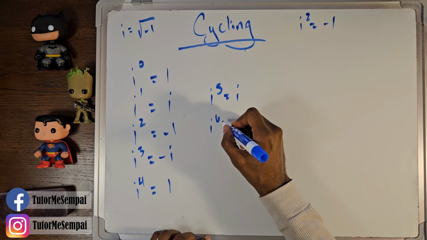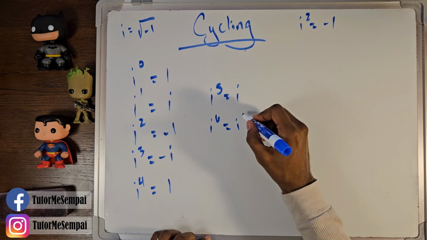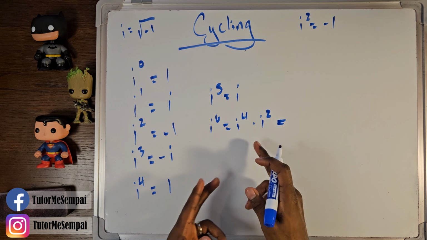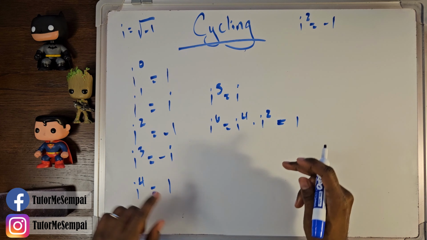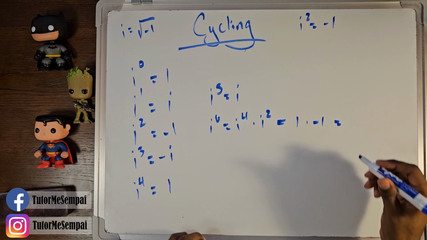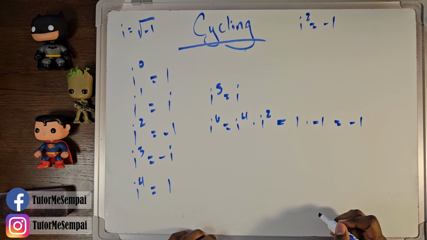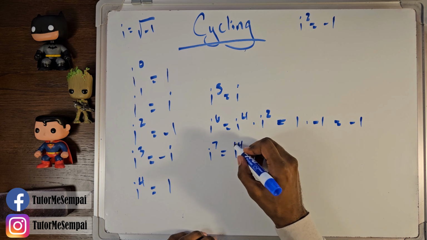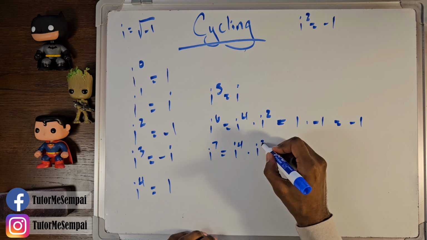How about i to the 6th power? That's going to be i to the 4th times i squared. We know what i to the 4th is, 1, and we know what i squared is, times negative 1. So what is this going to be? Negative 1. i to the 7th power is going to be i to the 4th times i cubed.